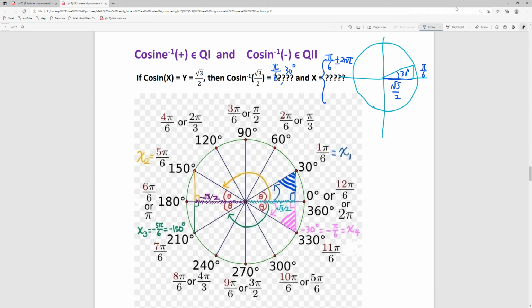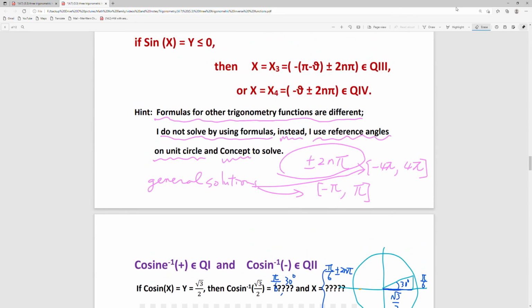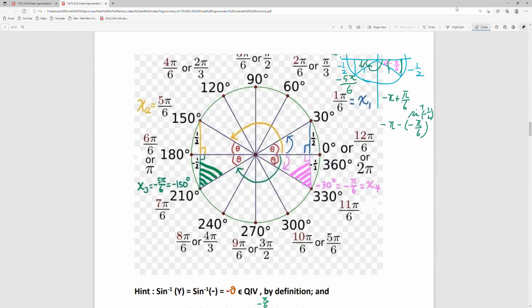Then where is the second group? Second group, because you need a positive. Oh, sorry, second group is not here, right? Did I make any mistake there? Oh, let me see.